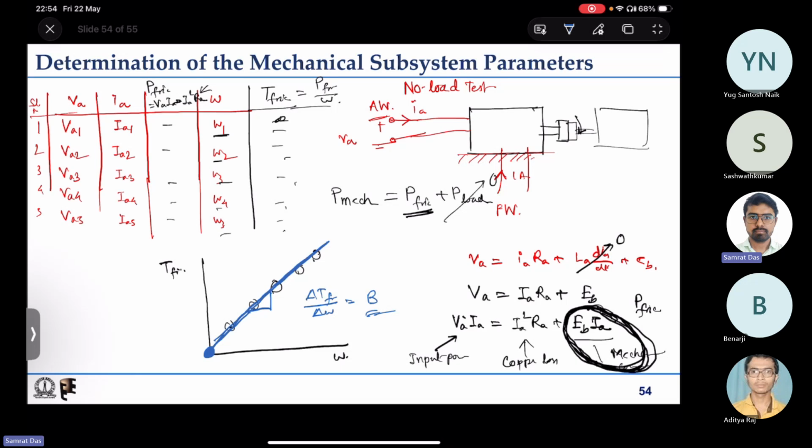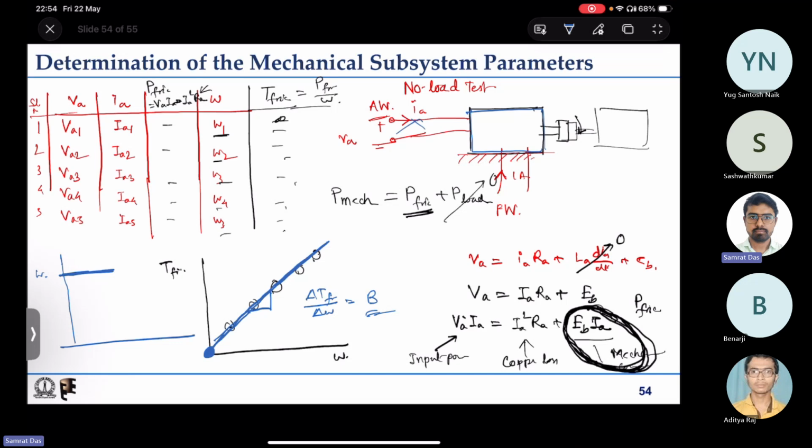You get some measurement of speed, and you run the motor up to a certain speed. If you see the speed in an oscilloscope, the omega will look like this. Omega is at a certain speed, omega 1.